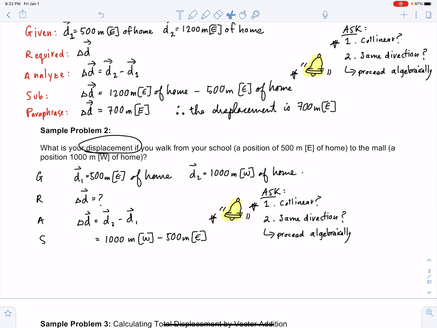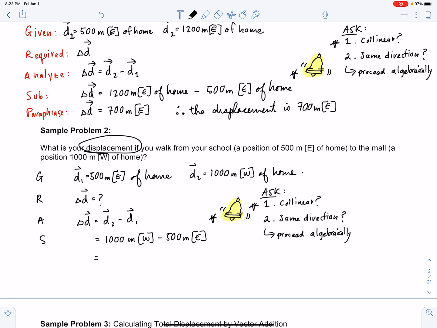Well, we know from up above that we can actually change the direction by changing the sign of the vector. So let's do that. You can change both of these to west or both of these to east, and it does not matter which one you choose. You will get the correct answer both ways. You will find a more practical approach when you do this by trial and error and by practice.